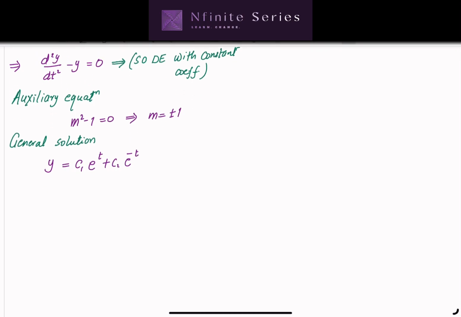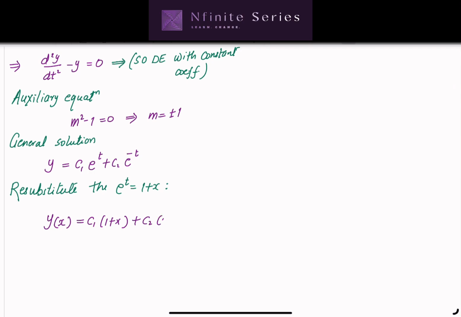Right. Now, obviously, we are going to resubstitute the value of 1 plus x as e power t so that we have our solution in terms of x. So this gives you y as a function of x equals c1 times 1 plus x plus c2 times 1 plus x power minus 1.